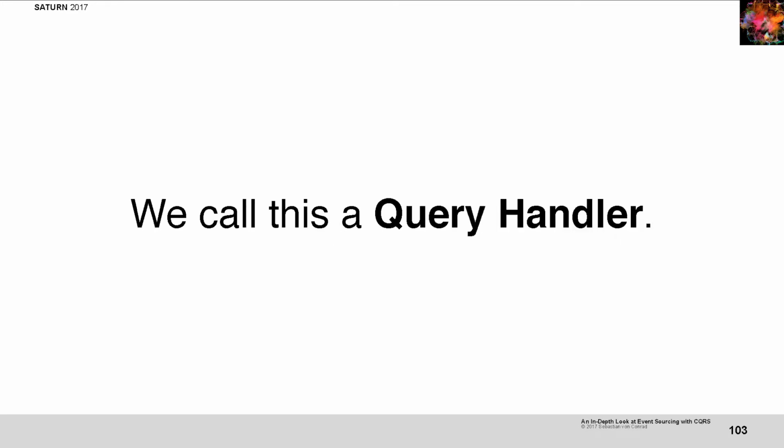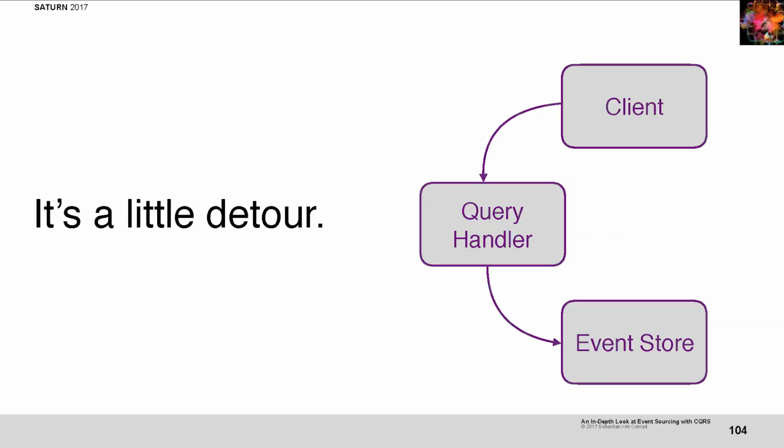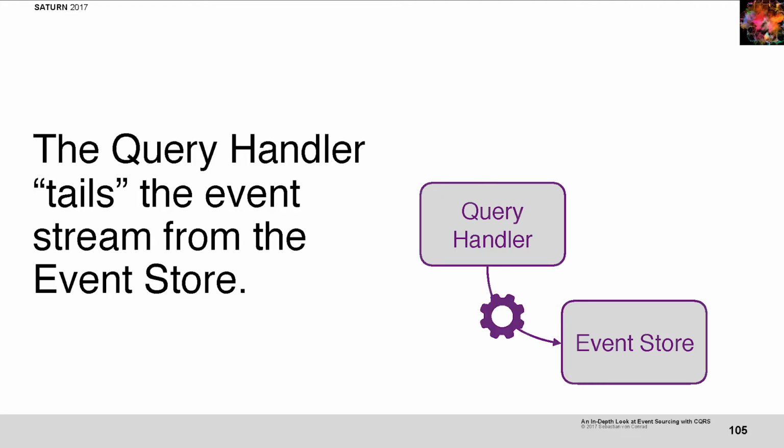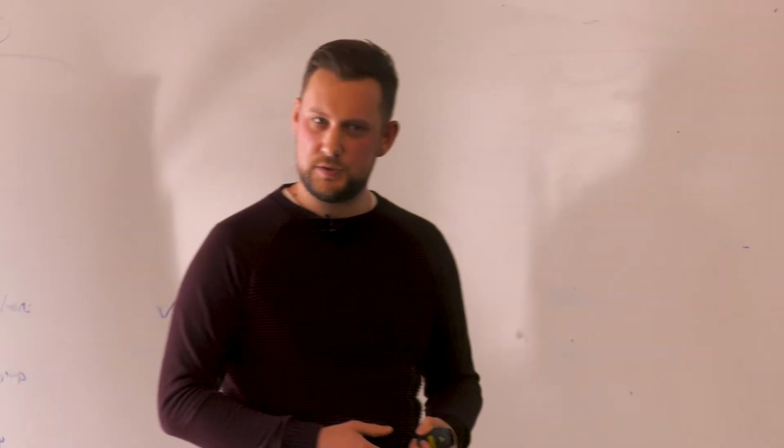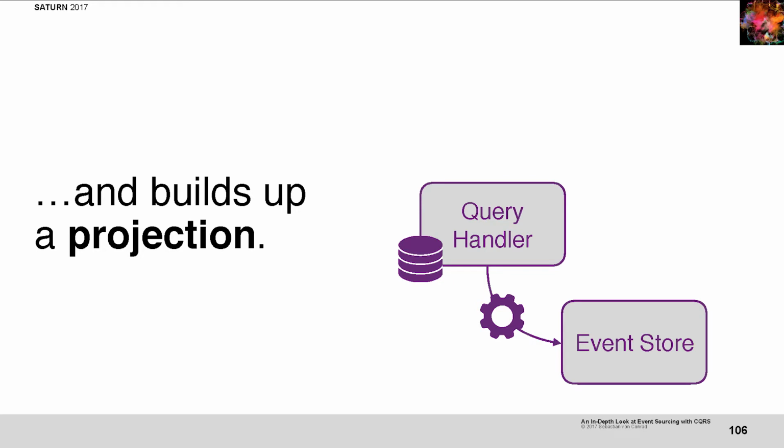We call this a query handler, which means that we take a little bit of a detour here. Rather than going directly to the event store, the client goes to the query handler, and the query handler does something with the event store. What the query handler does is it tails. It subscribes to the event stream that the event store provides. And as it does that, it builds up a projection.